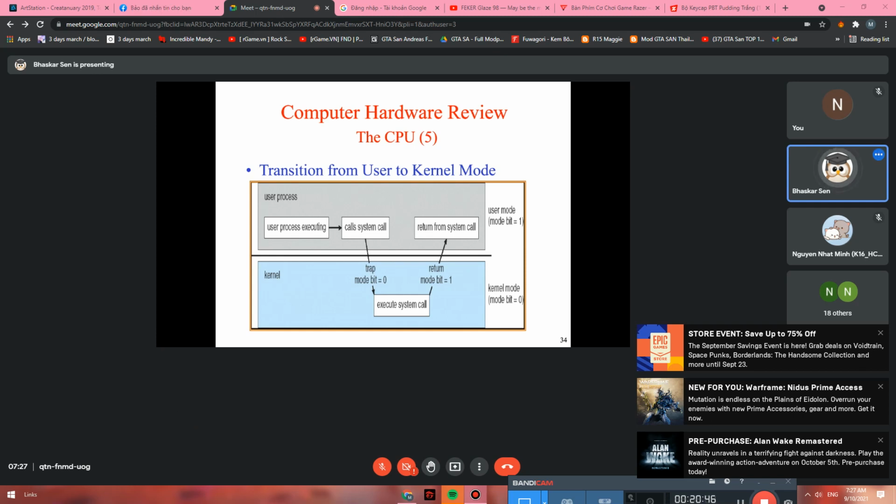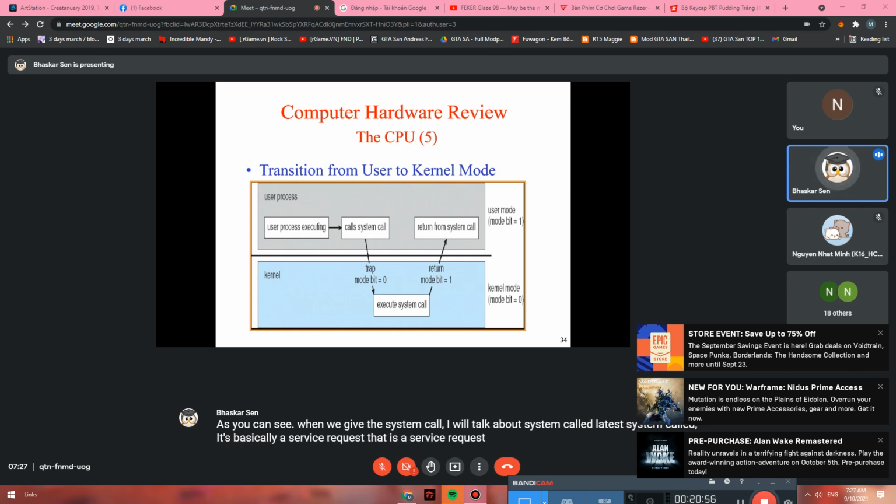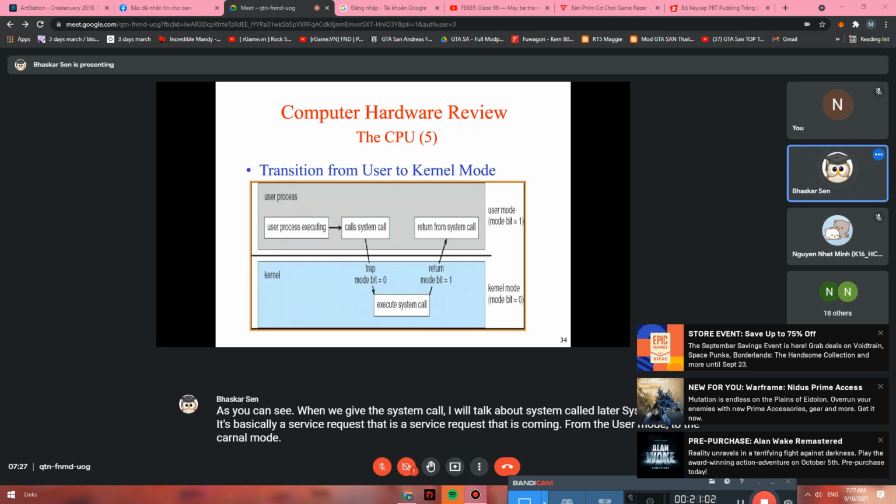As you can see, when we give a system call, we'll talk about system call later. A system call is basically a service request that is coming from the user mode to the kernel mode. And as you can see right here, there's the system call.